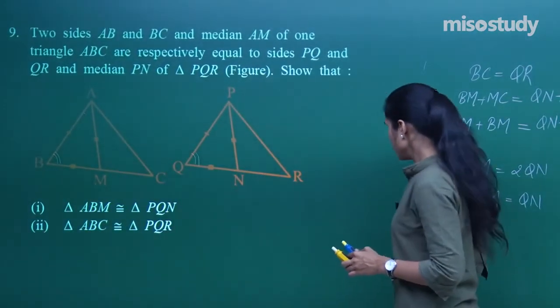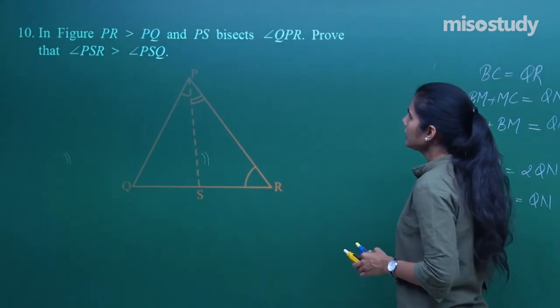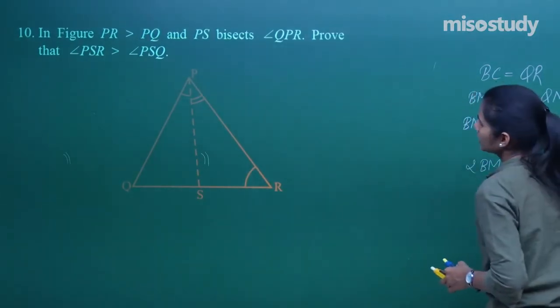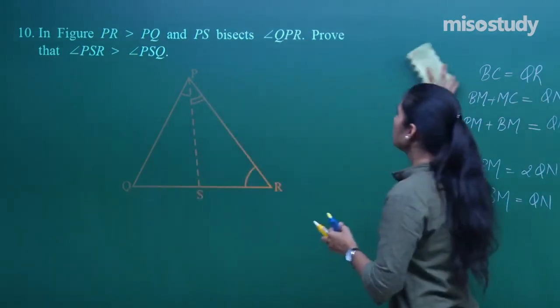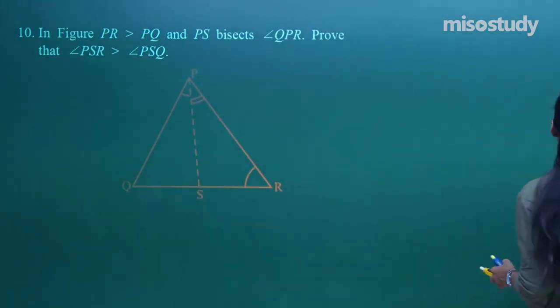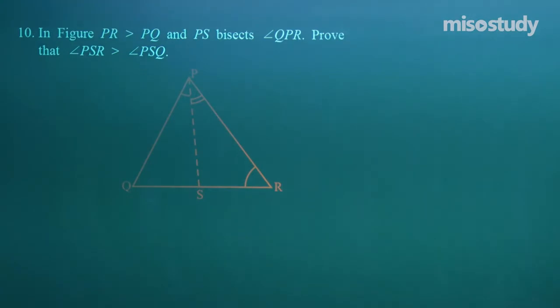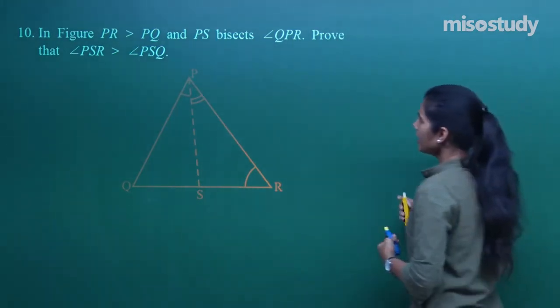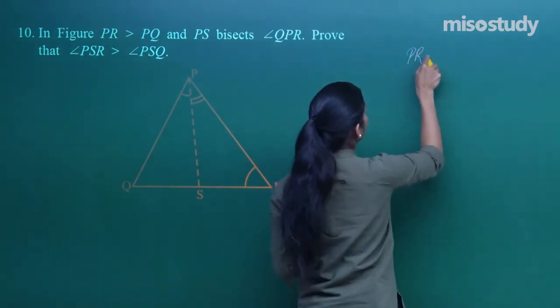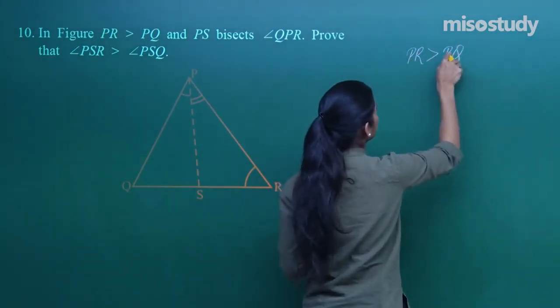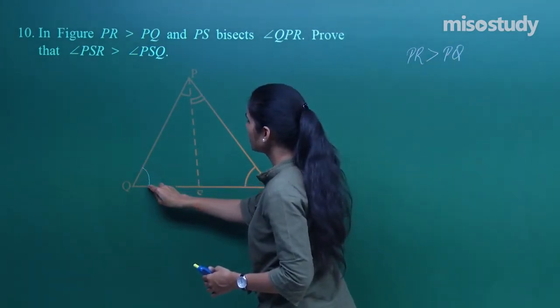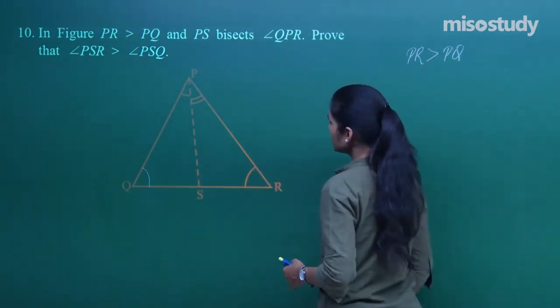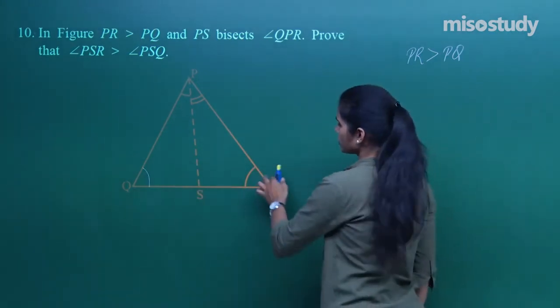Fine. Moving to the next question, we have in this figure, what is happening is PR is greater than PQ. We all know that angles opposite to greater sides are larger in measure. So if PR is greater than PQ, that means angle opposite to PR is greater than angle opposite to PQ, right, which is this angle.